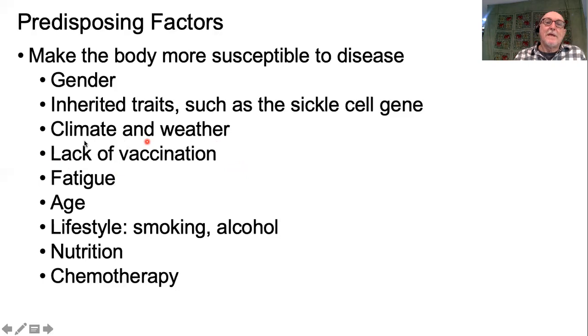Unfortunately, many of these vaccination programs are now becoming unpopular for various reasons. And in those areas where people are not vaccinated or their children are not vaccinated, many diseases, measles, mumps, these kinds of diseases, are making an epidemic reappearance. So lack of vaccination is definitely a predisposing factor to getting the disease.